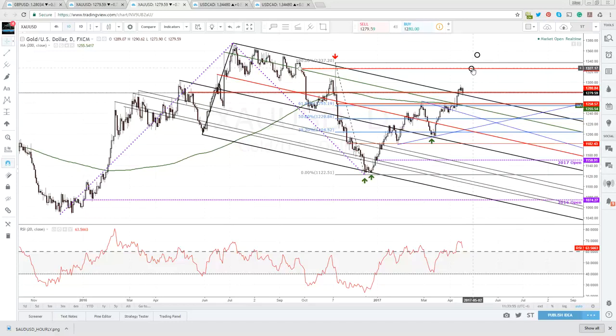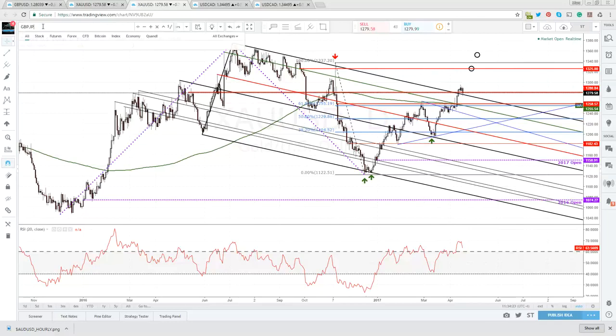And I'm looking at 1325 for gold, definitely, as my ultimate target from the bounce of the lower parallel here. It went out of the lower parallel, so I'm thinking it's going to go through the upper parallel too. This was just too clean. Very nice. So 1325 for gold.